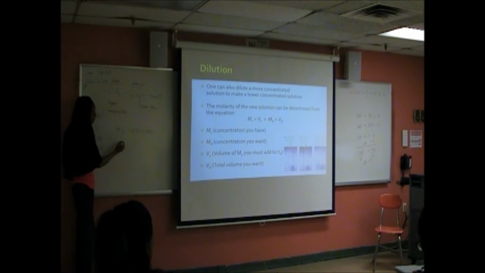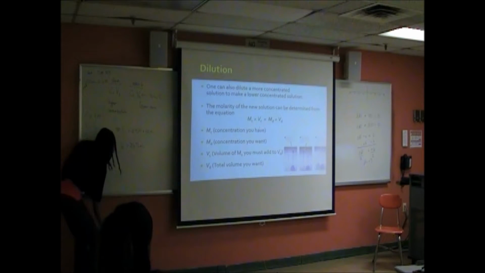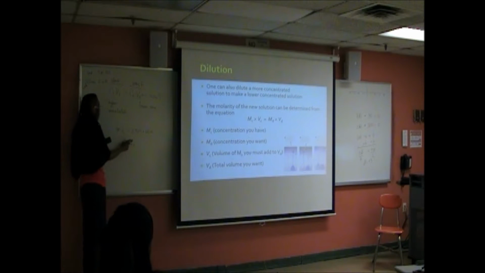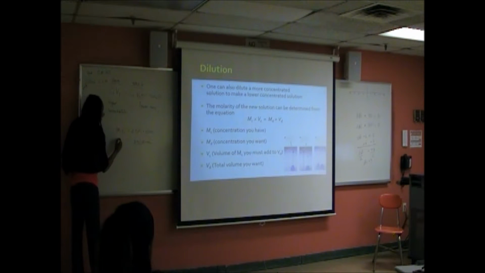Solve for V1. What do we have? Multiply this by this. What do you get? 250 molar milliliters. 7 molar V1 equals that.